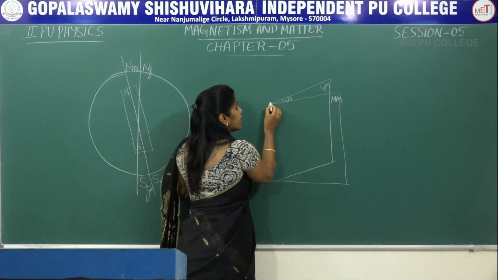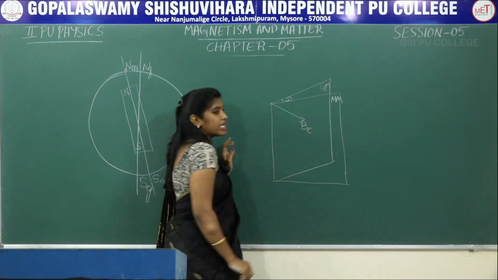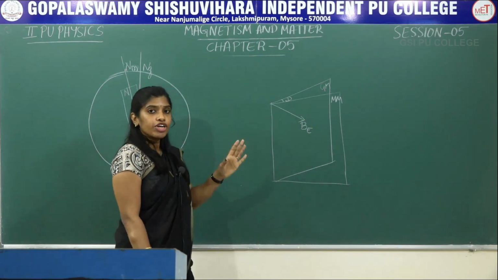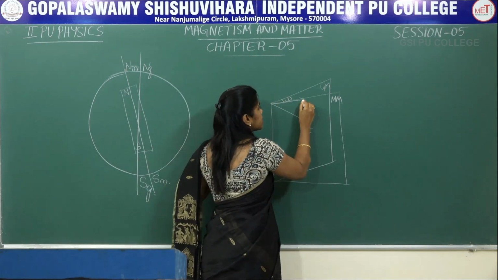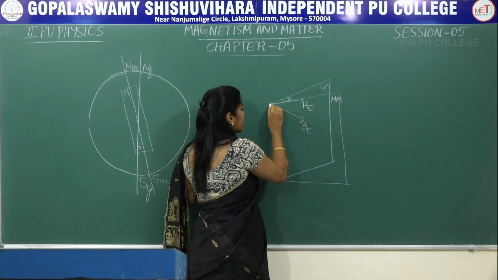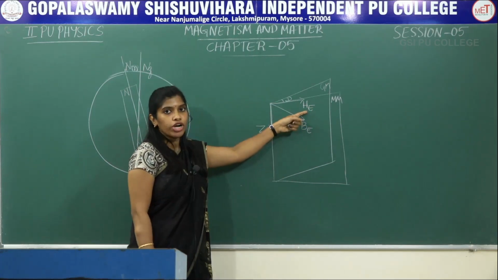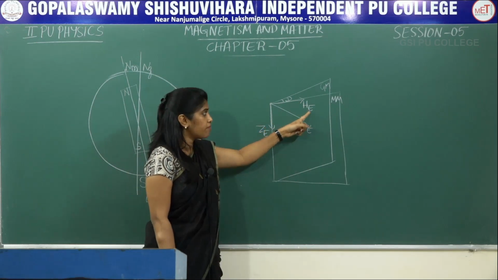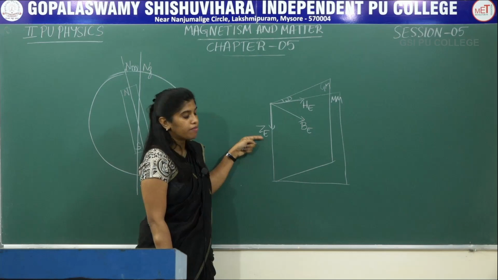If the net magnetic field of Earth is in this direction, BE is the net magnetic field of Earth, and this could be taken as the horizontal and this as the vertical. The horizontal component of Earth's magnetic field is denoted by HE and the vertical component by ZE.